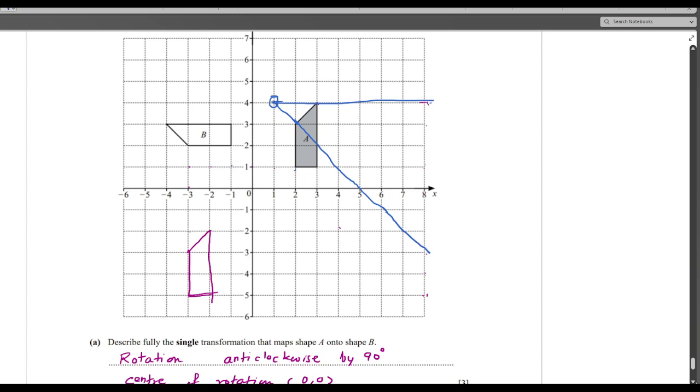Then if you are trying to get this point, join and extend it. So it is going something like this.